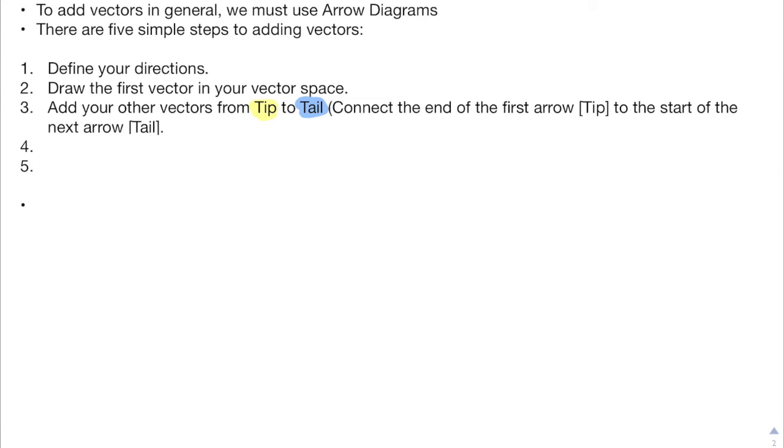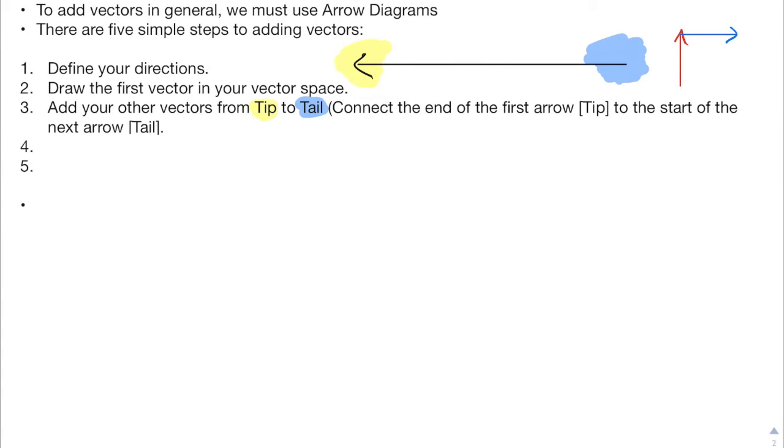In other words, you must connect the end of the first arrow to the beginning of the next arrow. Specifically speaking, if this is your arrow, then this end of the arrow is your tip, and this end of your arrow is your tail. So if you are starting with this red arrow, a second arrow must be connected like this.